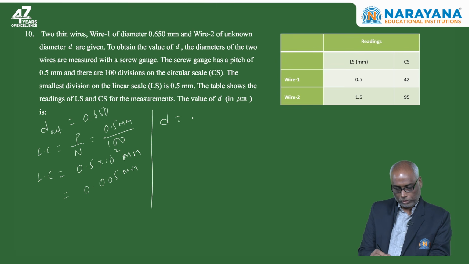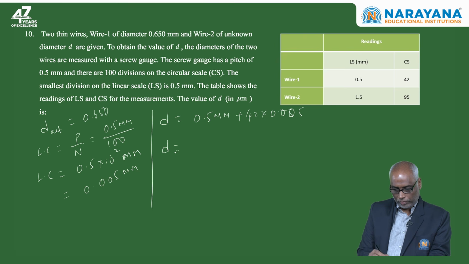Now, once we have this, the measured value of the diameter of the first wire is, according to the given table, for this one the linear scale value is 0.5 millimeter plus the circular scale reading, which is 42 into 0.005 millimeters.